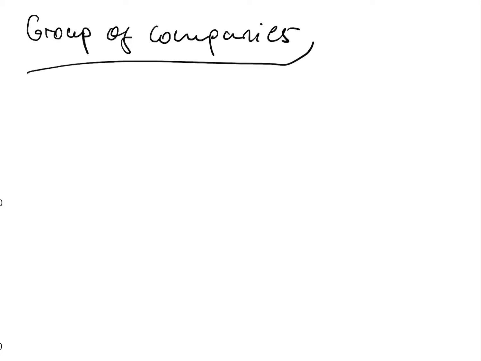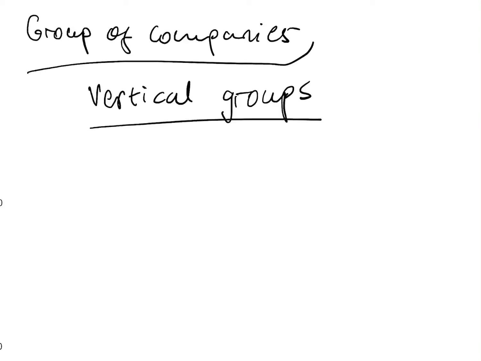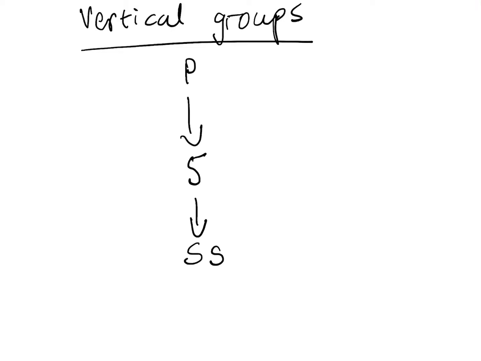Right, so today what I want us to look at are vertical groups. When we look at vertical groups, we are simply saying that a parent will be having a subsidiary, and a subsidiary will be having what we call a sub-subsidiary.